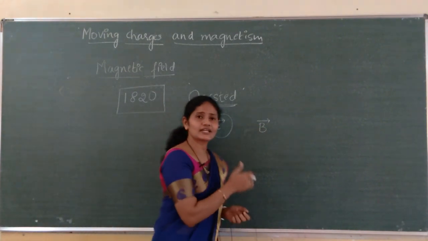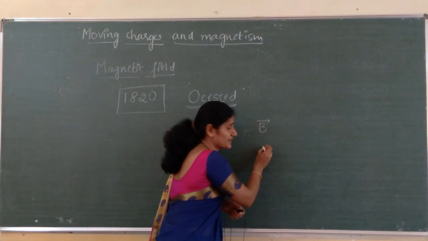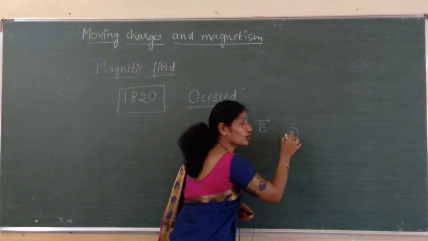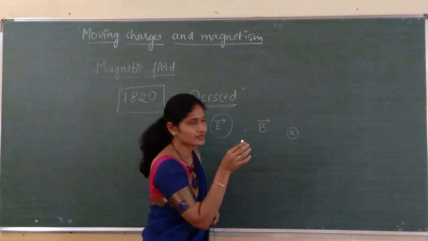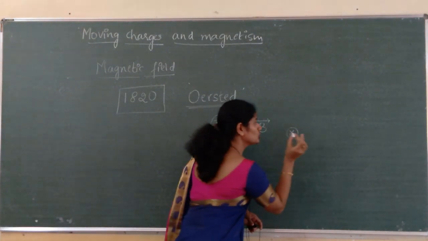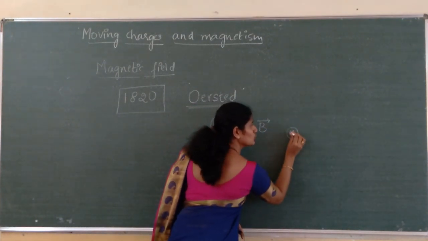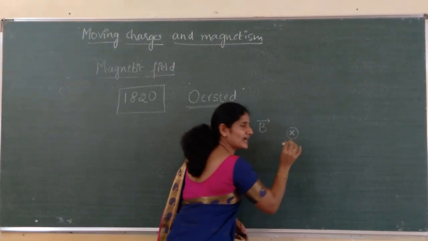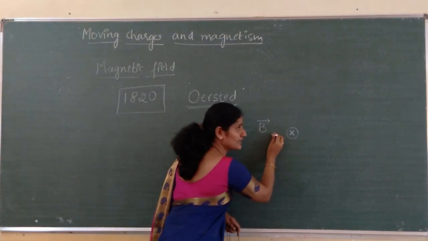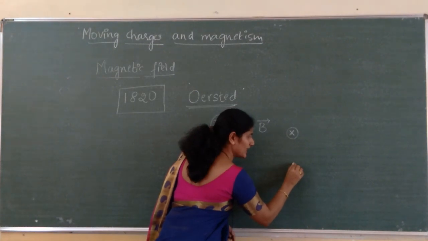Always remember, an electric field or magnetic field which is going into the plane of the paper is depicted by a cross. If you find a cross mark somewhere, that means the magnetic field is going into the plane of the paper. So, this is a plane. If the magnetic field is coming out of the plane of the paper, then it is represented by a dot.